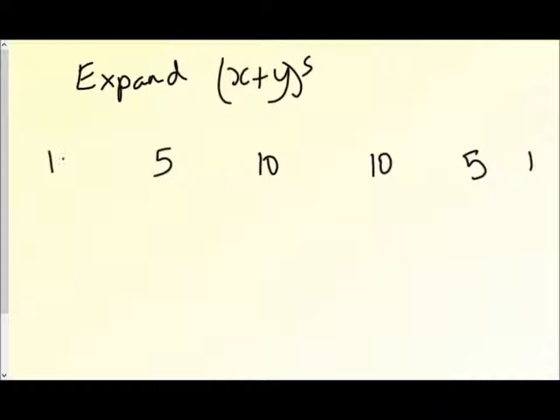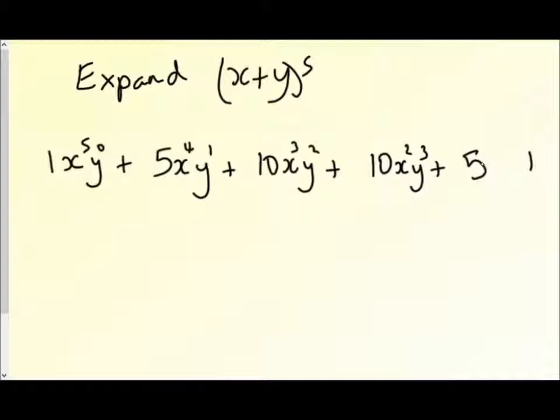So first of all, we're going to have x to the power of 5 as my first term, y to the power of 0. I'm just going to put y to the 0 in there, although that's going to give me 1, of course. My second one is x to the power of 4, and then y to the power of 1. The third one is x to the power of 3, y squared, x to the power of 2, y cubed, and x to the power of 1, y to the power of 4, and then x to the 0 and y to the 5.